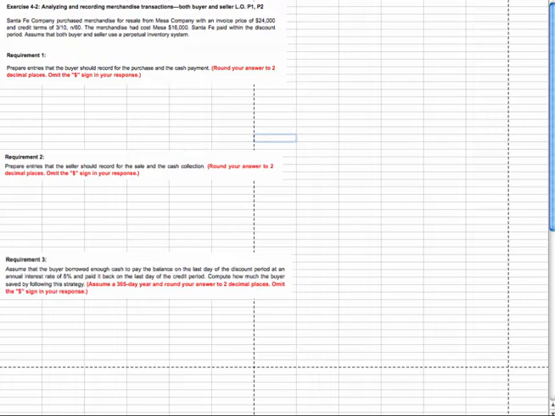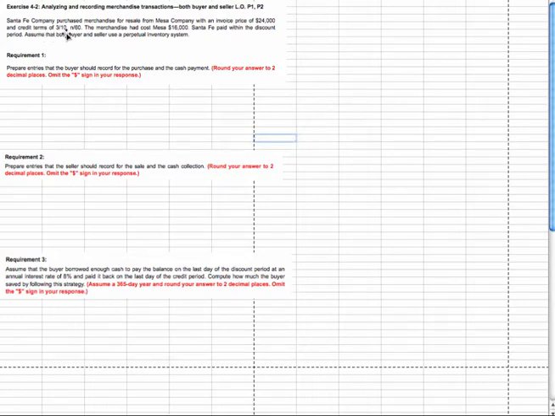Now there's a couple things here that stand out in just this one paragraph. First of all, you have to figure out who the buyer is and who the seller is. It says Santa Fe purchased, so therefore Santa Fe is the buyer. Mesa is the seller. The agreed upon sales price between the two companies is $24,000 and it's on credit terms, so cash doesn't change hands.